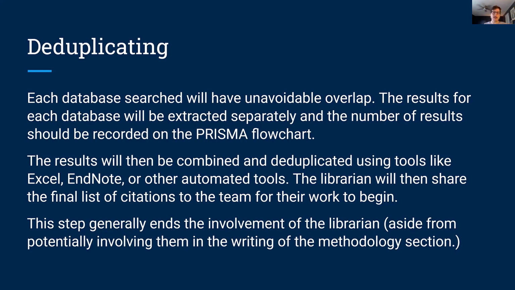Then they're combined and deduplicated, because you don't want to go through multiple articles that you've already looked at. Sometimes that can be done manually, sometimes it can be automated. Then your team should end up with a final list of articles that you will begin screening. That step is generally where the librarian leaves the team to do the work. Potentially, if the librarian is going to be an author, they will write the methodology section for that whole process.